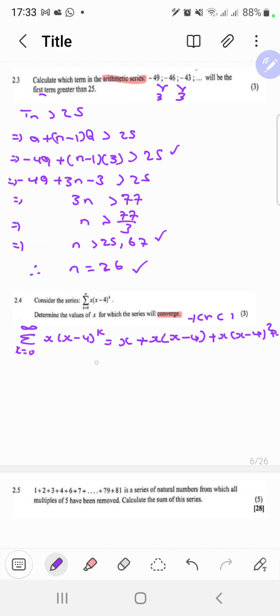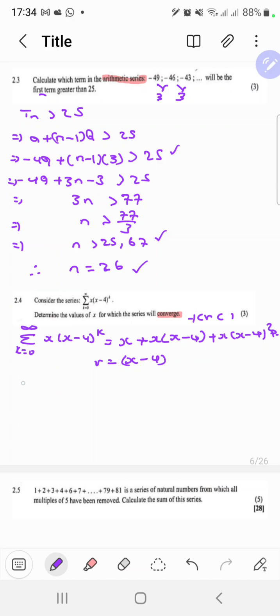So basically you can already see here that r is going to be x minus 4. Because if you take this term and divide by that, the x's cancel, you remain with that. If you take this and divide by that, the x's cancel, the 2 will cancel this 1, and then you remain with just that term.